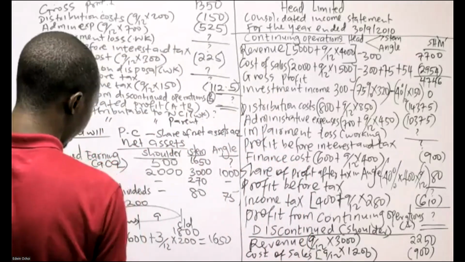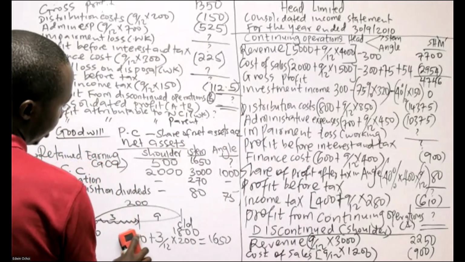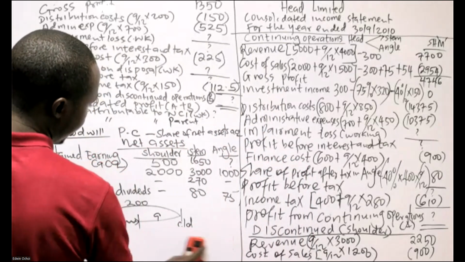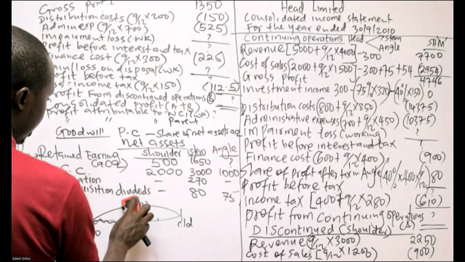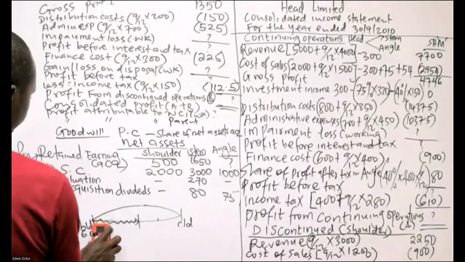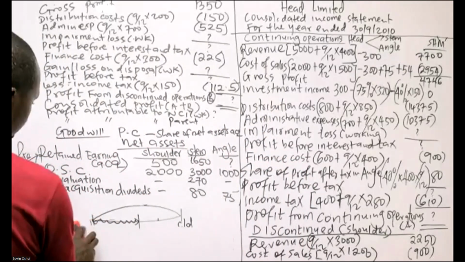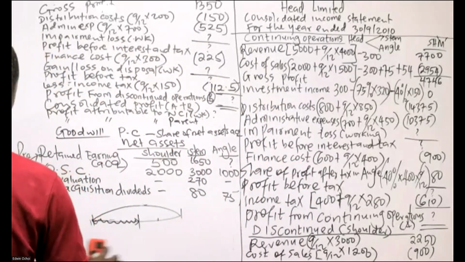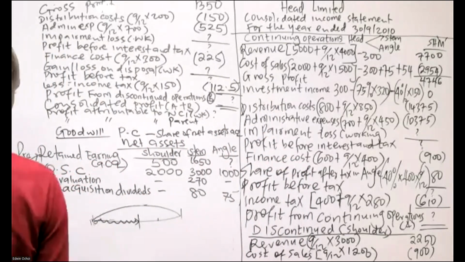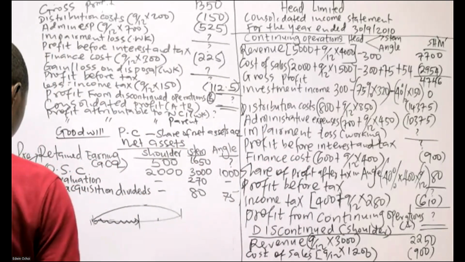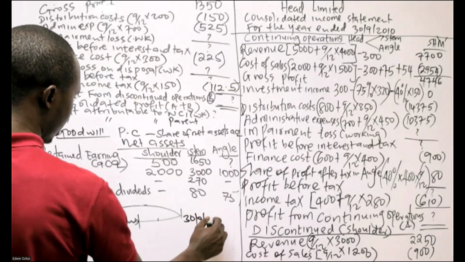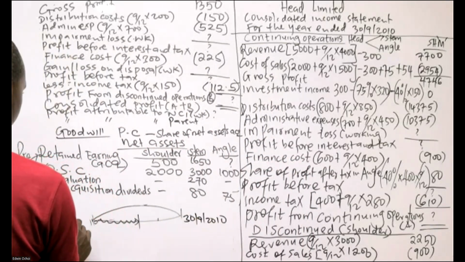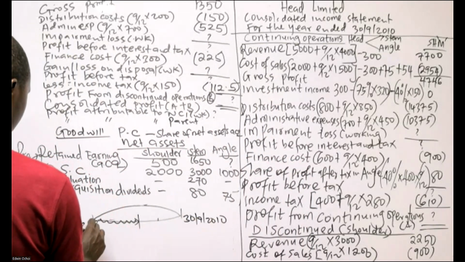So here, remember that it's all about now for Uncle. It was 6 months, because it was acquired in April. So you consider when your financial year is ending and when it's starting. Remember our financial year was ending on 30th September 2010, and it's starting on 1st October 2009.